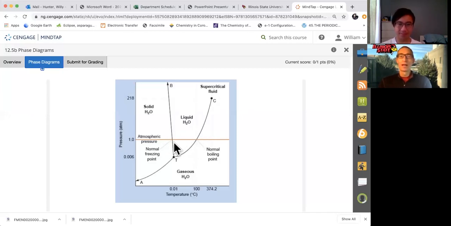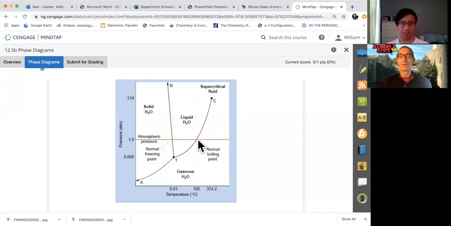And so this is the point where we go from liquid, close to 0 degrees Celsius, to freezing across here. This line here, line B, is the freezing point line. It shows what happens to the freezing point of water depending on what pressure the water is experiencing.